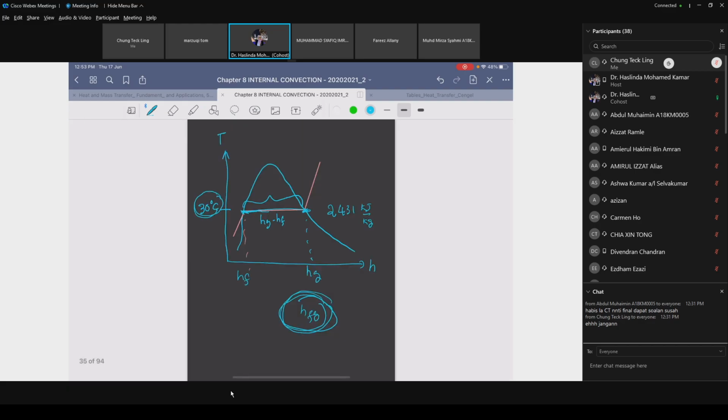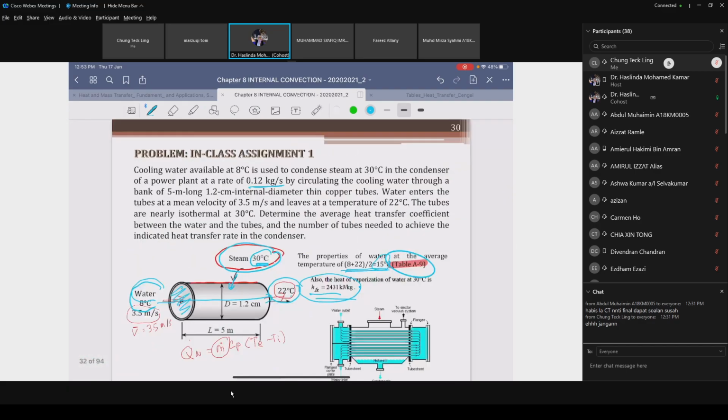Kenapa tadi saya kata steam? Can you see this heat exchanger? This is heat exchanger, the steam enters this heat exchanger at the mass flow rate of 0.12 kilogram per second. Faham ke tak? Itu sebenarnya. And then the HFG is the HFG of this steam that is entering the heat exchanger.